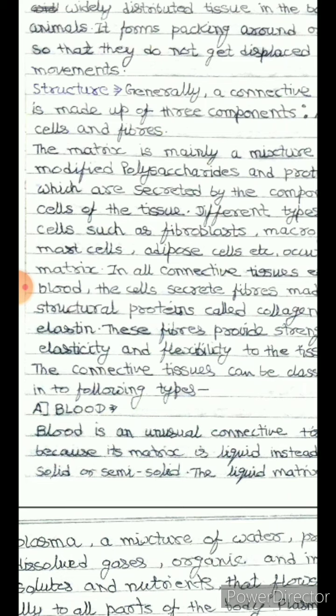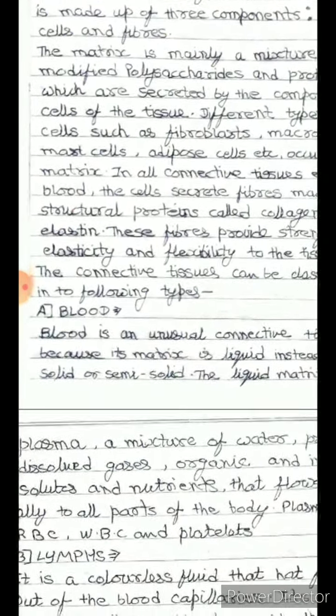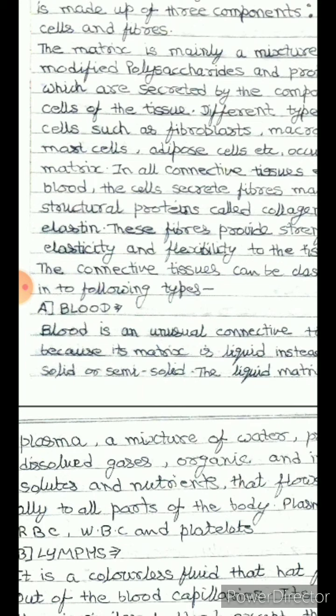The liquid matrix is plasma, a mixture of water, proteins, dissolved gases, organic and inorganic solutes, and nutrients that flows essentially to all parts of the body. Plasma contains RBC, WBC, and platelets.